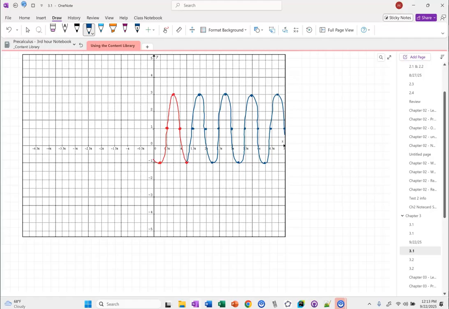So again, back to the midline, and then to the maximum, and midline, and then minimum, and then midline, and then maximum, midline, minimum, midline, maximum, midline, minimum, midline, maximum, midline, minimum, midline. We're done.